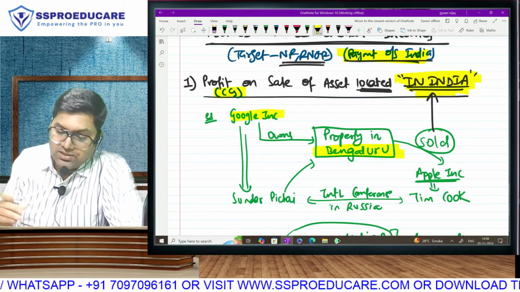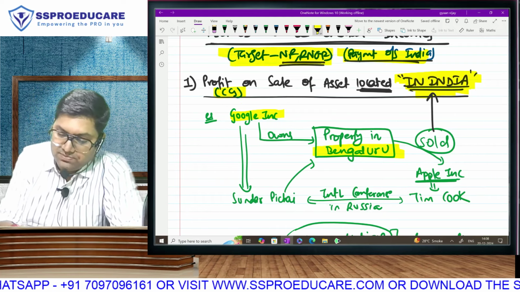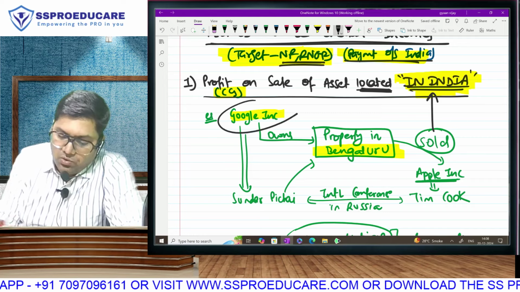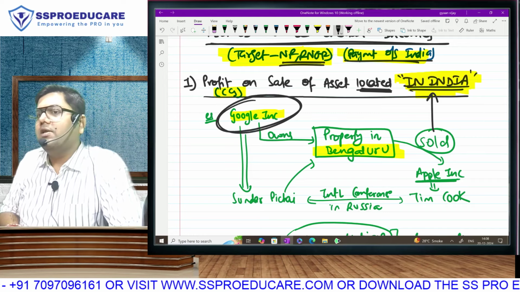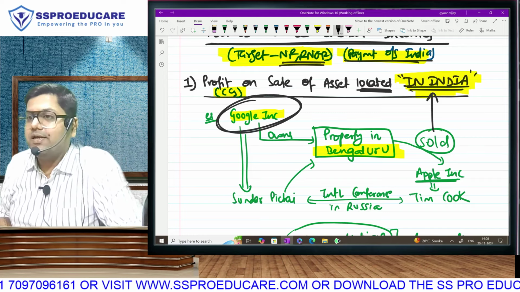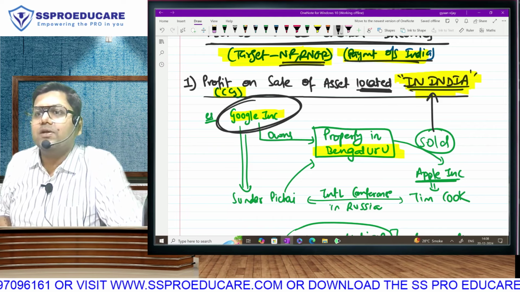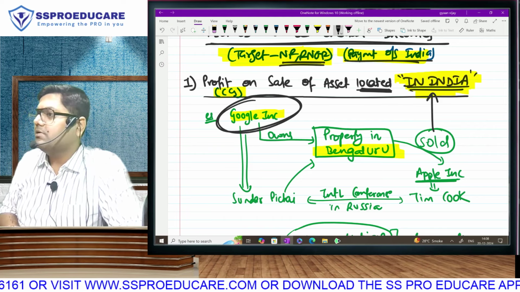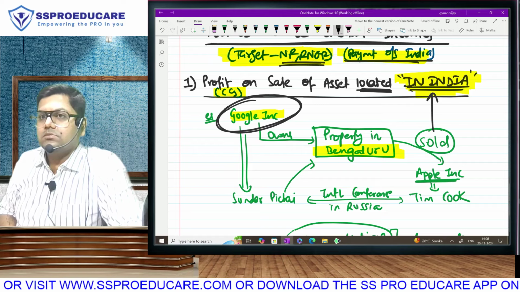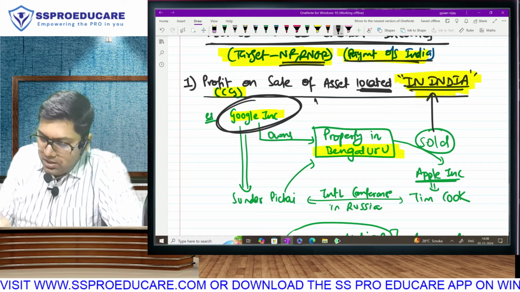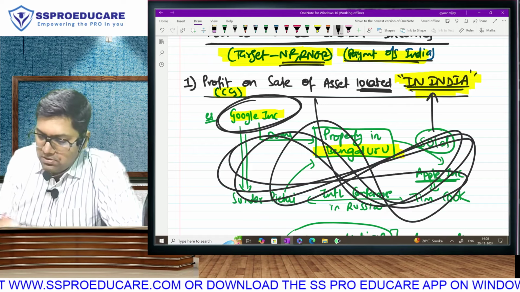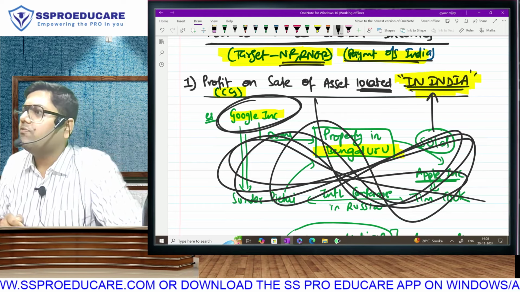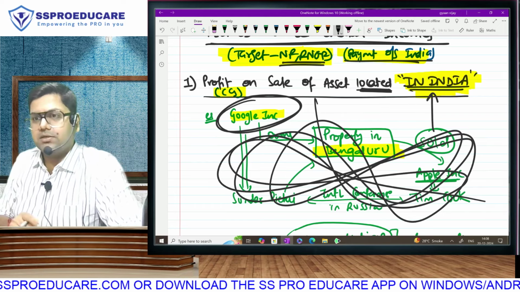I want to make you understand one more thing about this part. Supposing the owner of this Bangalore property was not Google Incorporation, a foreign company, a non-resident. The owner of this Bangalore property was Reliance Industries Limited, an Indian company. Resident, Indian or foreign, it is taxable.